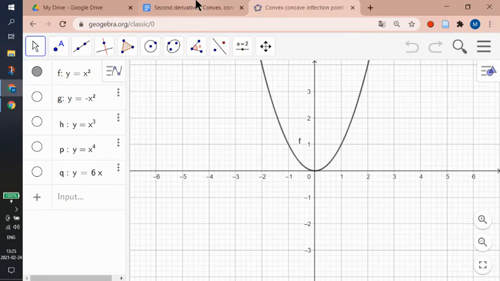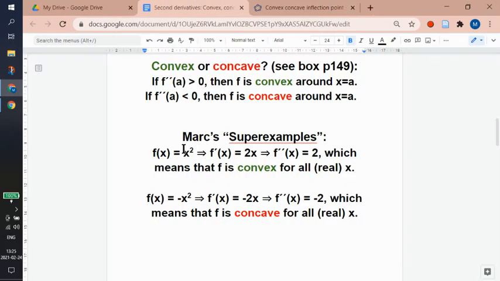Let's have a look at an example of concave. We get this just by multiplying by -1, so we get the negative of x squared. The first derivative is minus 2x, and the second derivative is minus 2, which is always less than 0. Everything we said for the first example is true for the second, except instead of convex, it is concave.